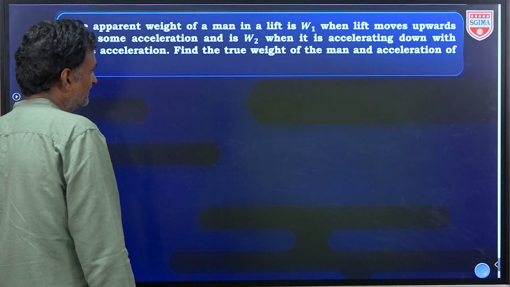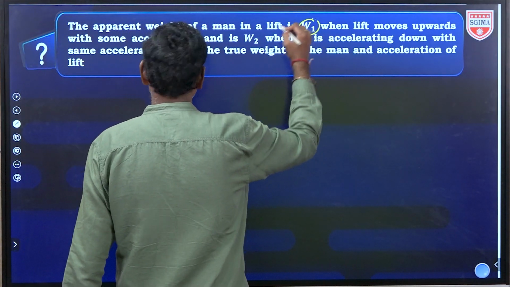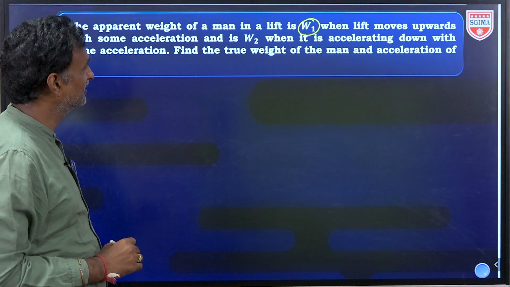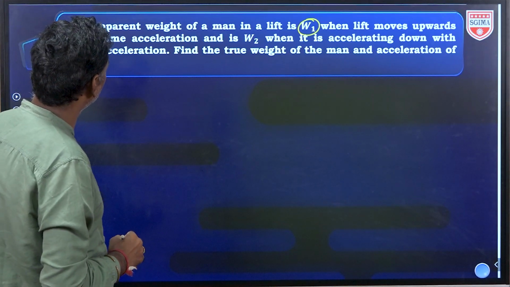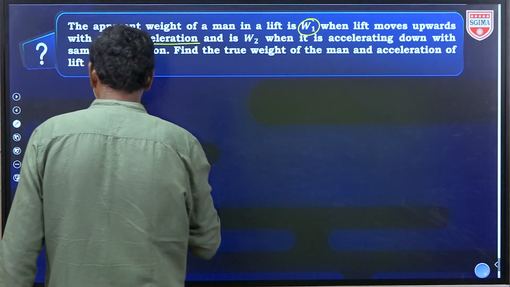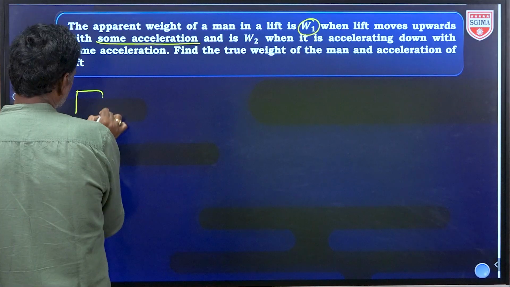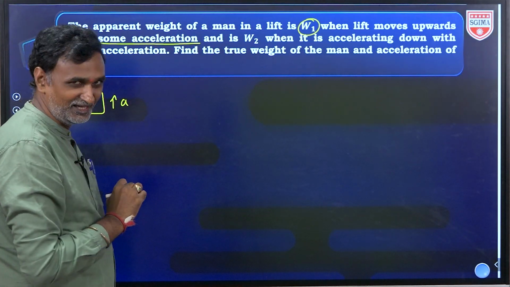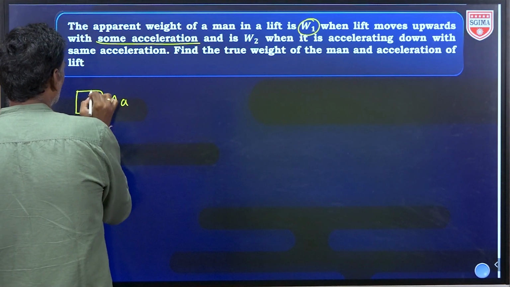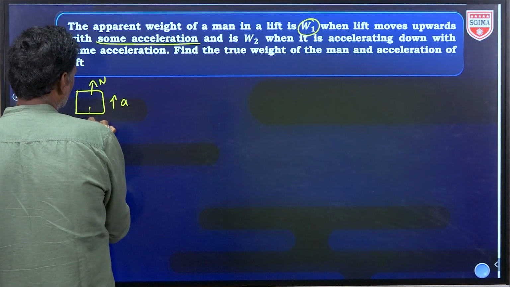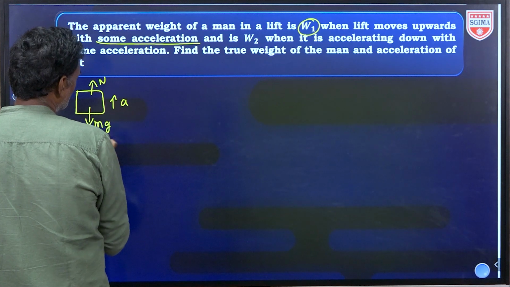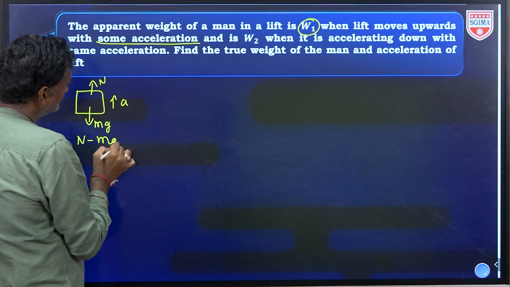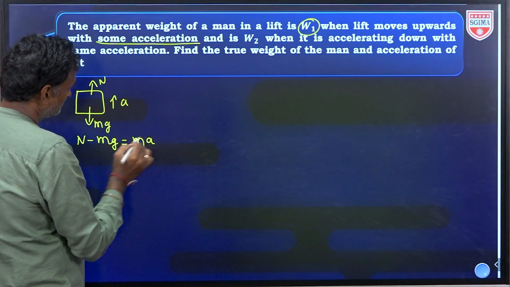Here the apparent weight of a man in a lift is W1, that is the apparent weight of the man they are giving in the lift, W1 when the lift moves upward with some acceleration. Suppose the lift is moving upward with some acceleration, so I am taking a as the acceleration. So now normal reaction on the person and downward mg. So what do we write now here? N minus mg equals ma.